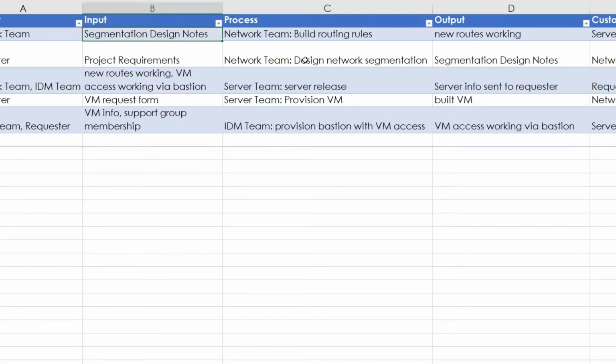So this spurs you to think, well, I need to sit down and design the segmentation. What do I need for that? Well, I need to know what the environment's supposed to do, and I need to go talk to the project team for that.